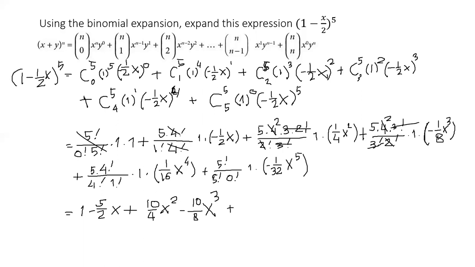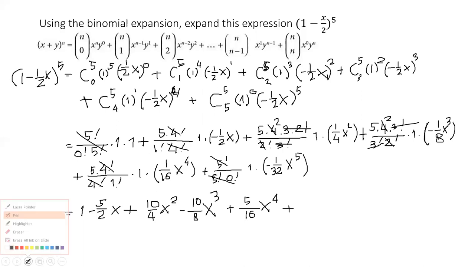And the next term becomes 5 over 16, and minus 1 over 32 x power 5.